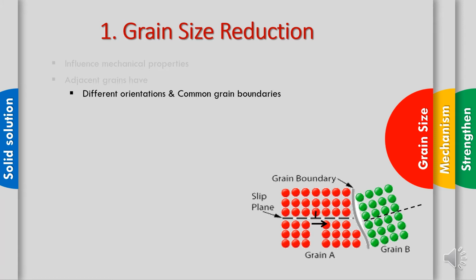We have adjacent grains beside the grain boundary, and they have a different orientation or different arrangement, shown by the red atoms and green atoms.